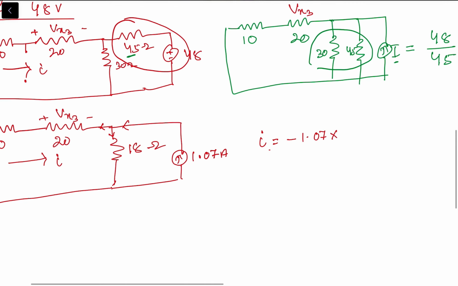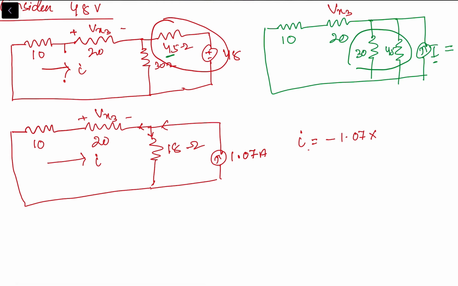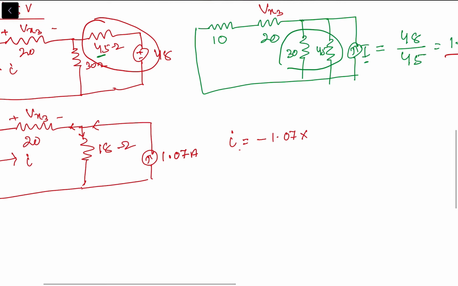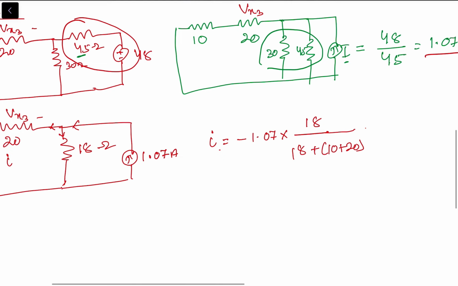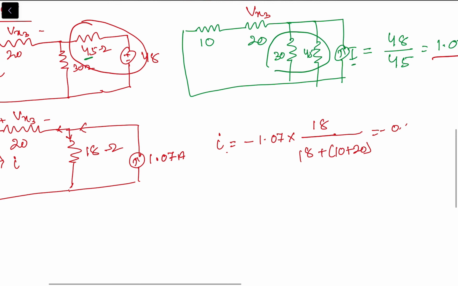We need the current across this 20 ohm resistance, so I have to multiply by 18, the opposite resistance, divided by 18 plus 10 plus 20, that is the total resistance. If I calculate, this value will be minus 0.4 ampere.